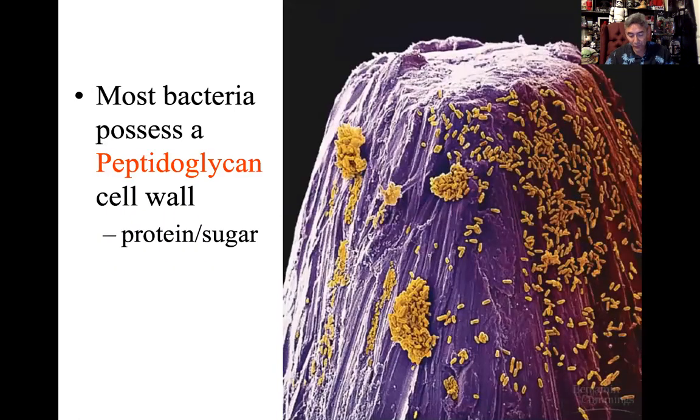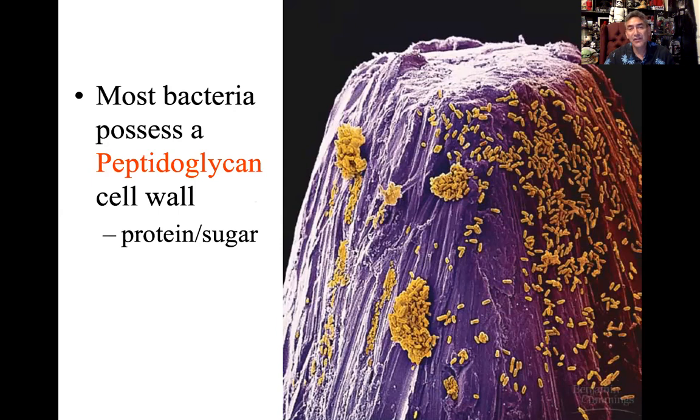All right, so we've found the cell. We're analyzing it. We're able then to see the cell shape. Now, another analysis that we're going to do is the analysis of the cell wall, right? This is a very important molecule. I promise you questions on this for the next exam.